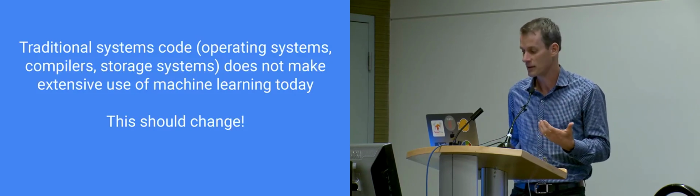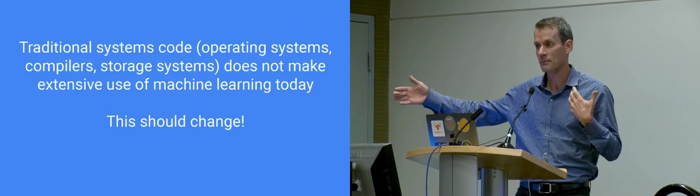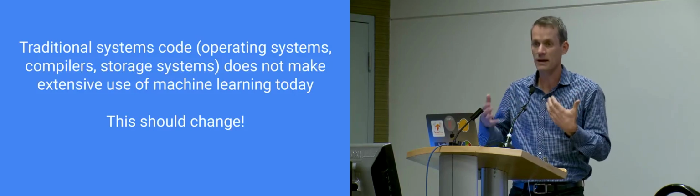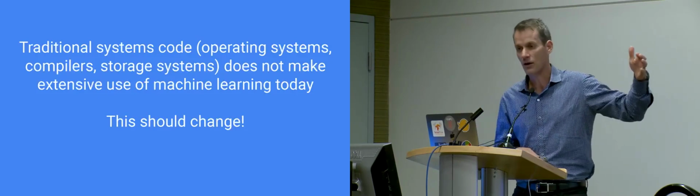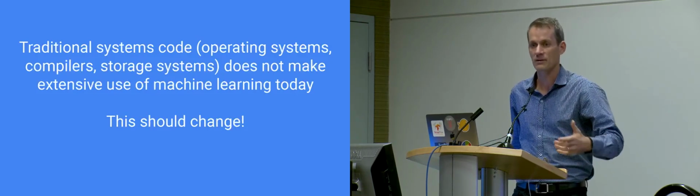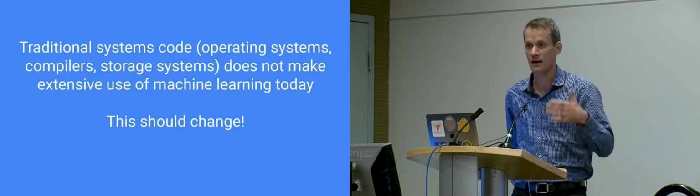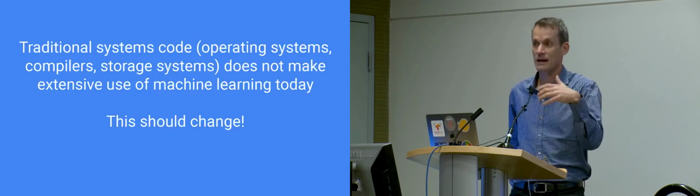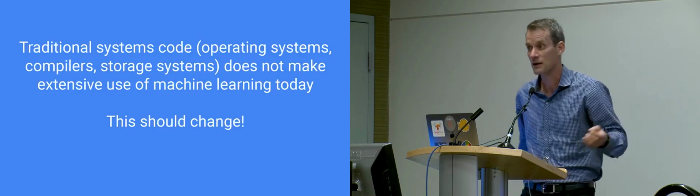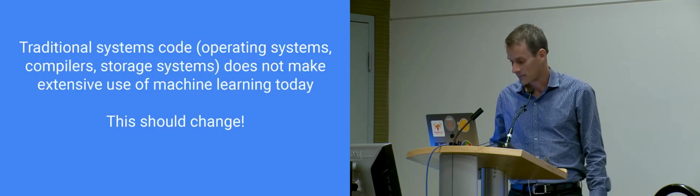And there's a real opportunity to have these systems be much more adaptive, to be able to learn in an online manner from the sets of observations they're getting about the world to make better decisions, rather than what they are today, which is generally handwritten heuristics by the developer of that system that generally has to work in all cases or work pretty well in the average case and can't really customize to the names of files you're creating in your file system. That wouldn't necessarily make sense, but that might actually be something that a system could learn to do and learn an interesting policy based on that.